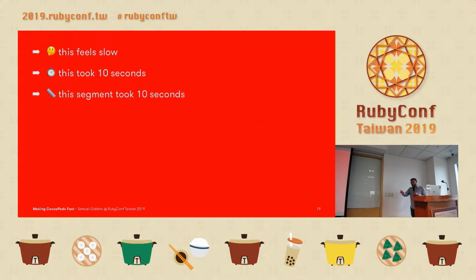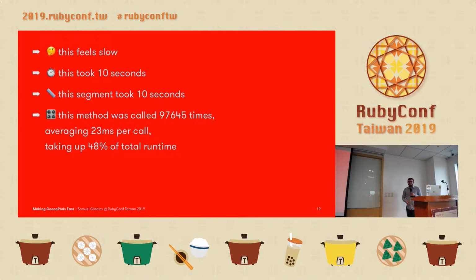You can zoom in a little more and say, this part of the pipeline took 10 seconds. And finally, you can go all professional and say, this method was called exactly 97,645 times, averaging 23 milliseconds per call, taking up 48% of the application's total runtime. And I guarantee you, if you have an answer like that, your manager will listen to whatever you say after that. You'll be able to do whatever you want for the next week.